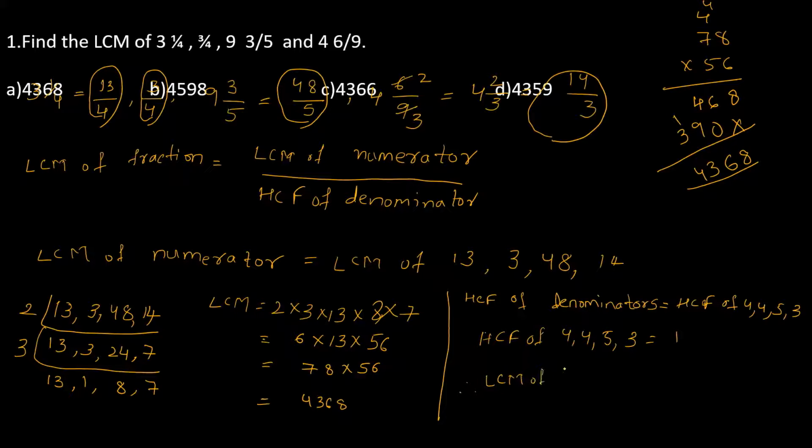LCM of 3 1 by 4, 3 by 4, 9 3 by 5, 4 6 by 9 is equal to 4368, LCM of numerator by HCF of denominator, which is 1.